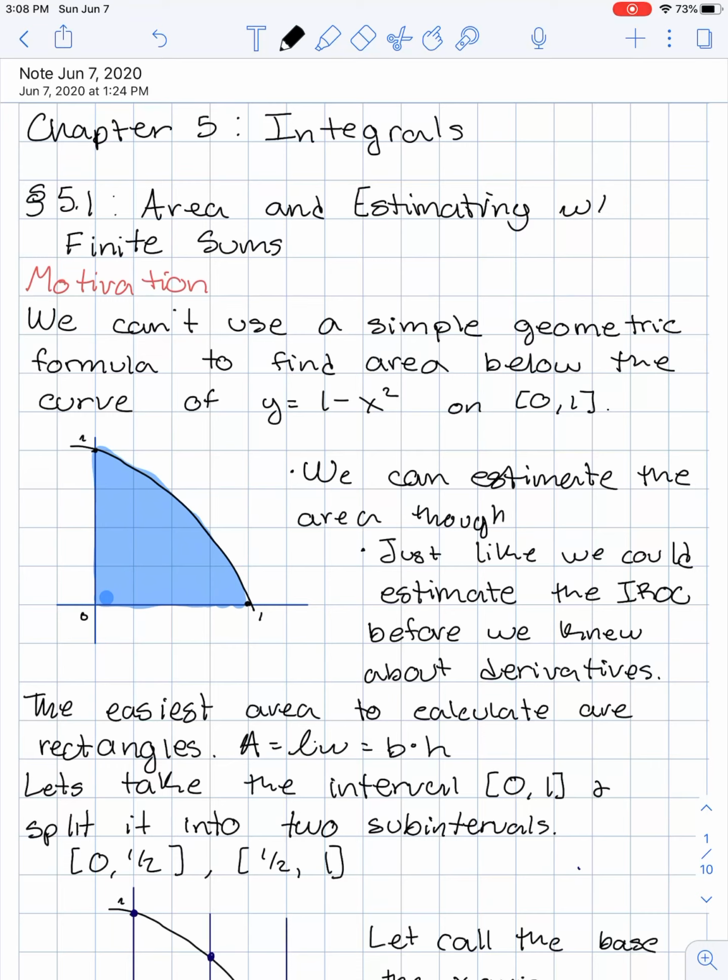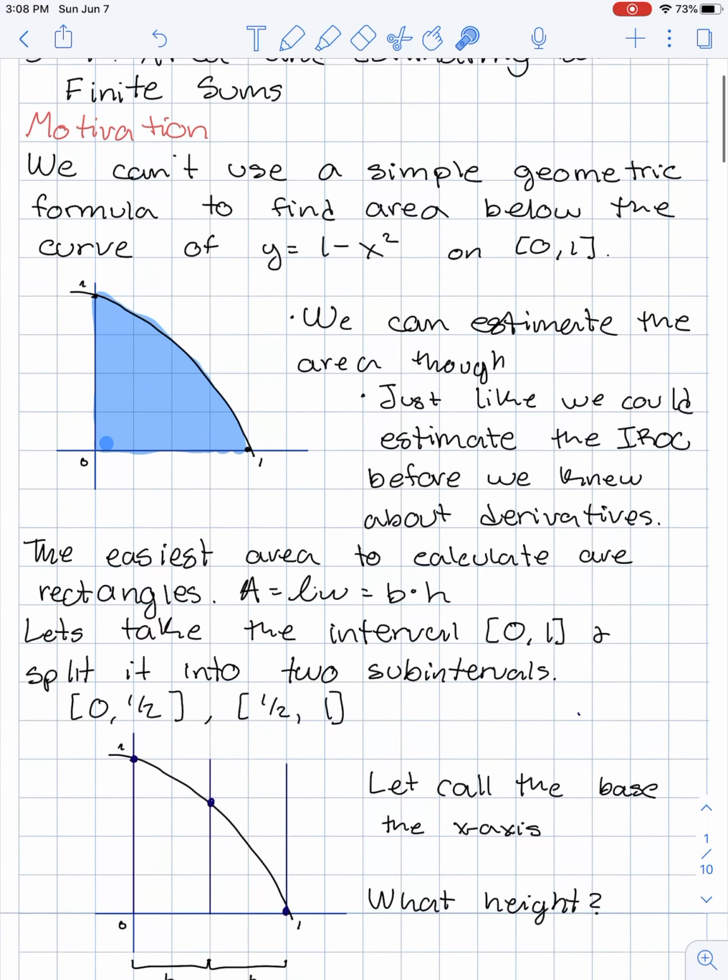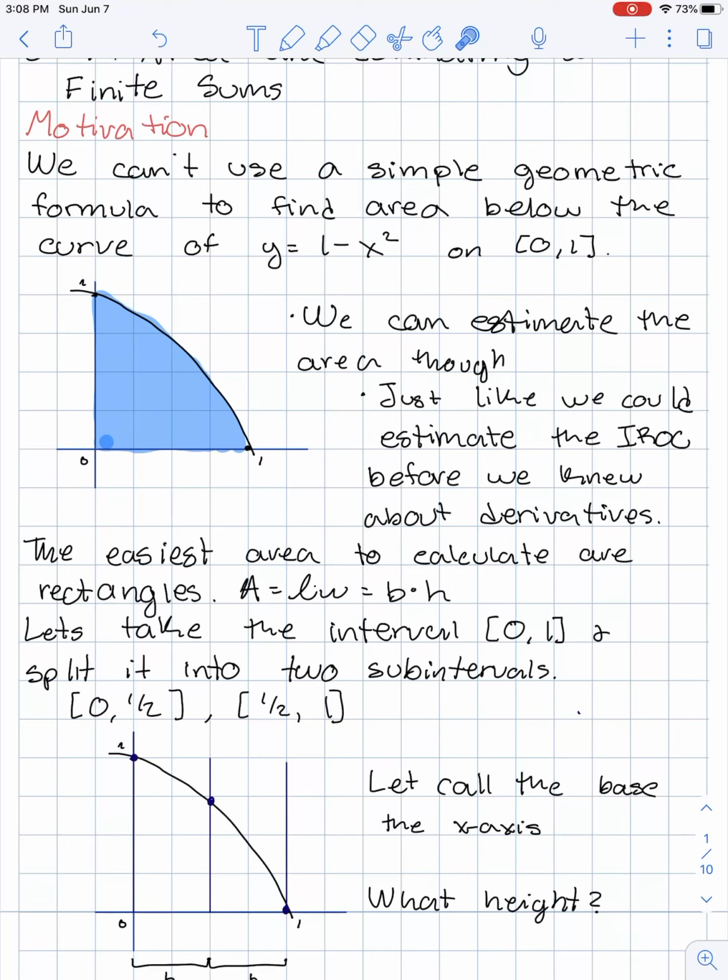All right. So the easiest areas to calculate, in my opinion, are rectangles. Usually we call them length times width. In this case, we'll also go by base times height. So let's take the interval from 0 to 1 and split it into two intervals. If I just make one big rectangle out of 0 to 1, I'm not going to get a very accurate area, so it's best to split it into two.